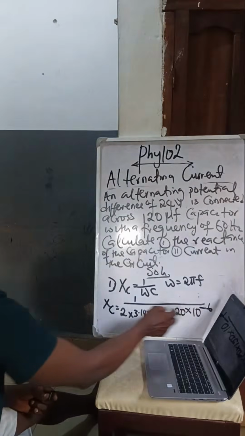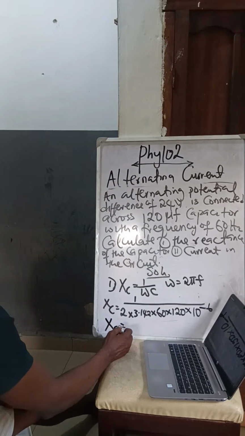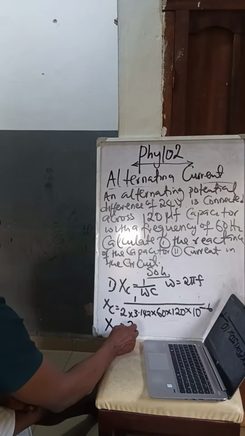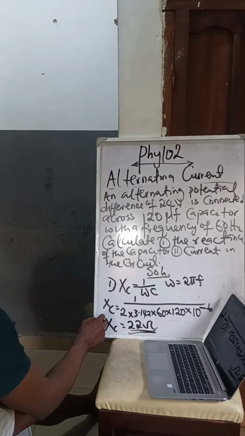So punch everything in the calculator. Tell me what you have as XC and verify whether your XC is equal to 22 ohms. So this is I.